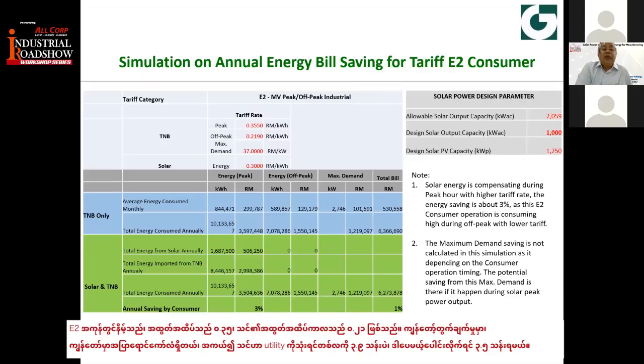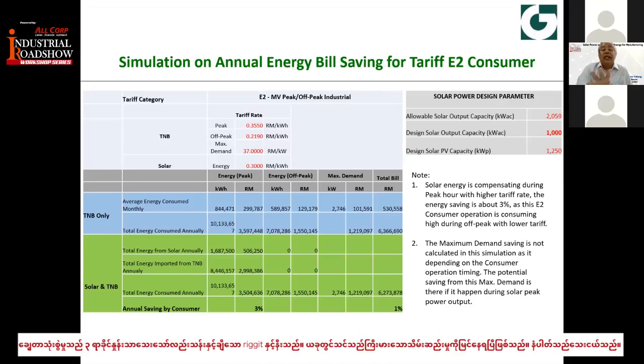If you use utility only, your bill will be 3.9 million a month. But if you use combined, you can achieve 3.5 million. Although the saving is smaller, only 3%, the magnitude of 3% is close to a million ringgit. Just now you saw a big percentage, but the saving number was small. In this case, you see a small percentage, but the magnitude is higher. So that's how the system works.